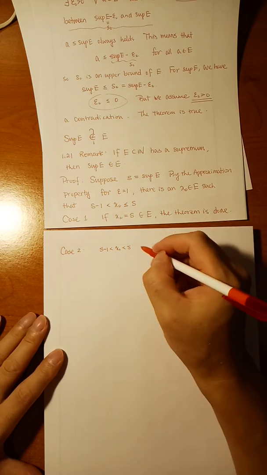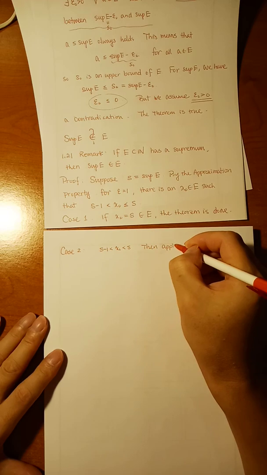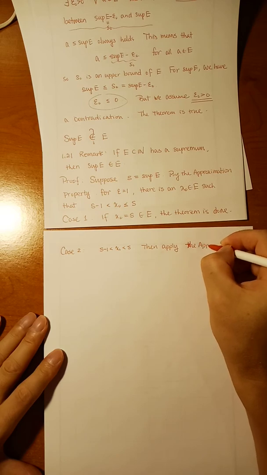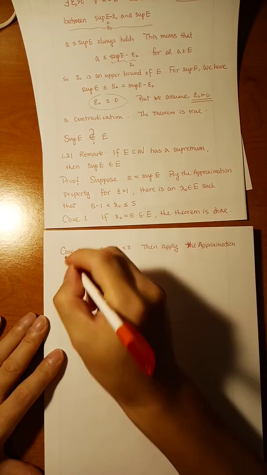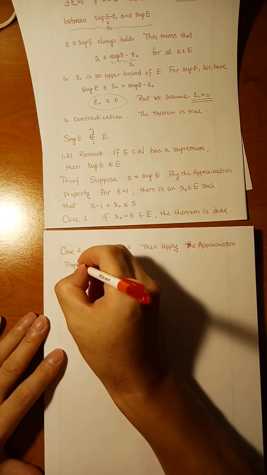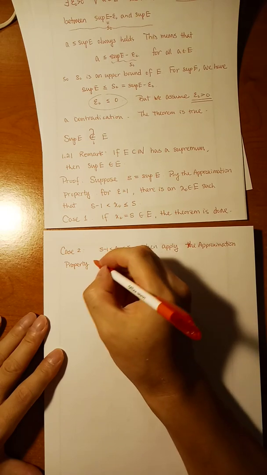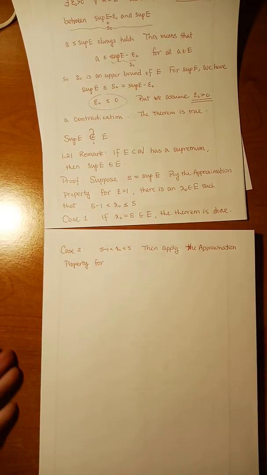Okay, then apply the approximation property. What is the approximation property? Basically, the approximation property means you have a supremum, you choose an epsilon.